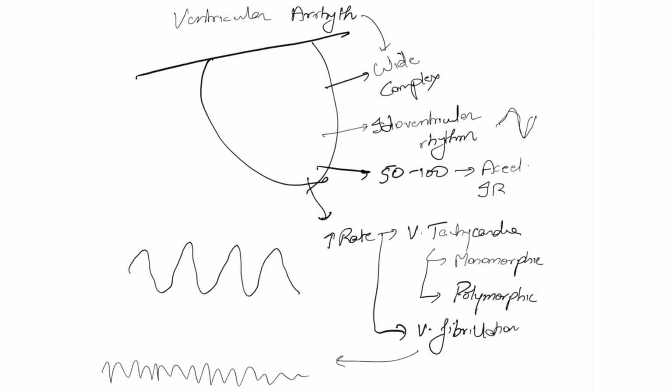And the polymorphic pattern would show QRS complexes of several different morphologies, and it might look something like this. So notice how this is more irregular, and the shapes of QRSs change pretty often, unlike monomorphic ventricular tachycardia, which is fairly regular, and the shape of QRS complexes is fairly even.